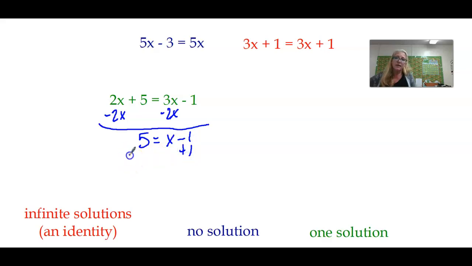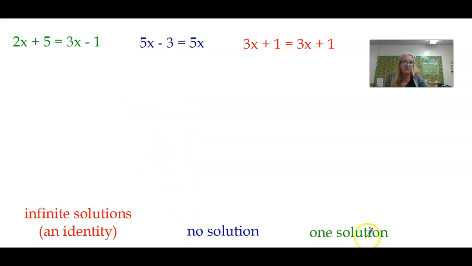You add 1 to both sides, and you get one solution. x is a very ugly 6. That's one solution. That's the kind of equation that we have always solved. One solution, and we're used to that. Keep in mind that x equals 0 is still a solution.